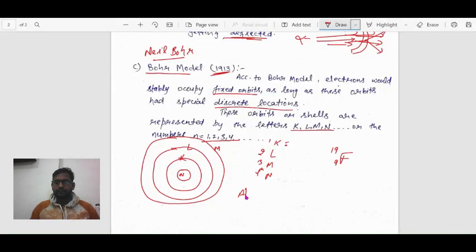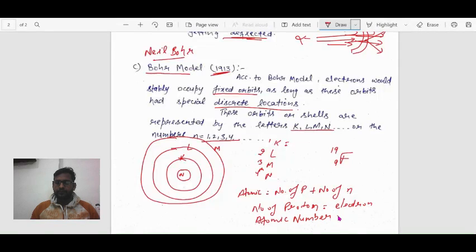Atomic mass equals the number of protons plus the number of neutrons, the number of protons equals the number of electrons, and atomic number equals the number of protons. So here we have protons 9, electrons 9, and neutrons 10. Neutrons and protons are present in the nucleus, so we have 9 electrons.